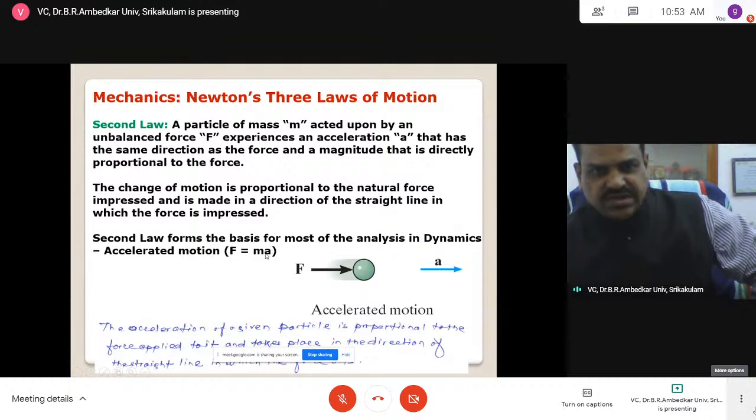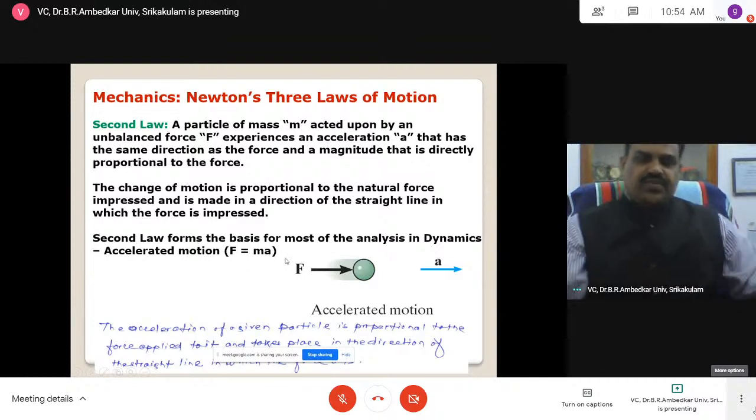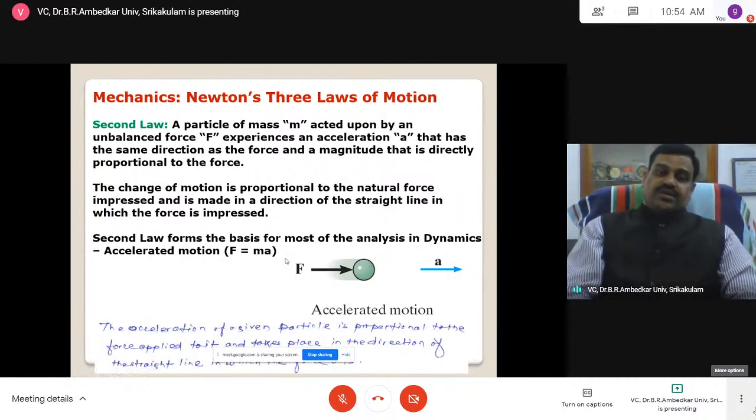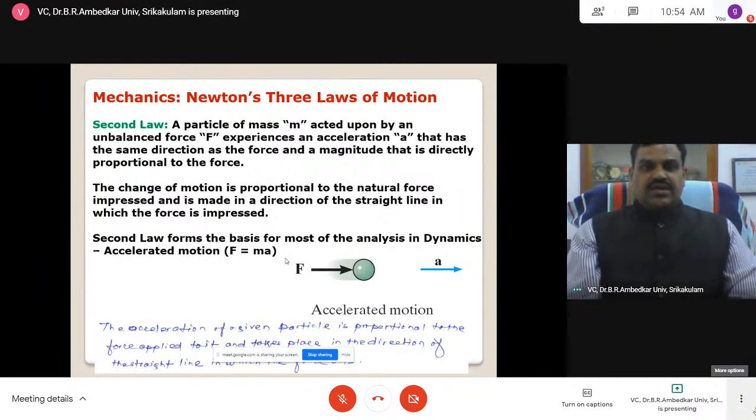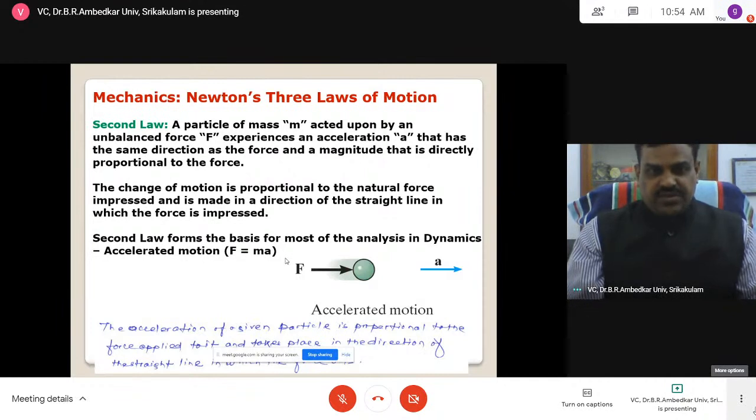Because if m is constant, d by dt goes outside, m into v. Multiplying both sides by dt, F dt equals m dv; integrate, this is an impulse, and the integral of dv gives mv. This is the momentum, the rate of change of momentum. Or F is equal to m into dv by dt, or d by dt outside, mv. This is the rate of change of momentum.